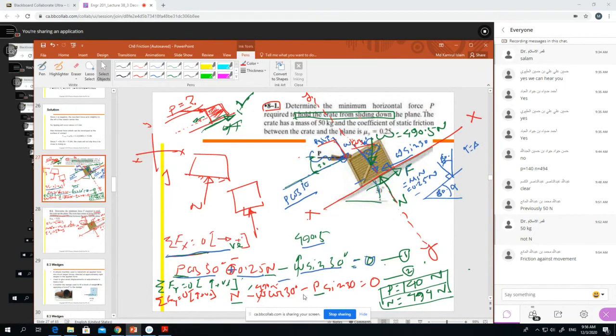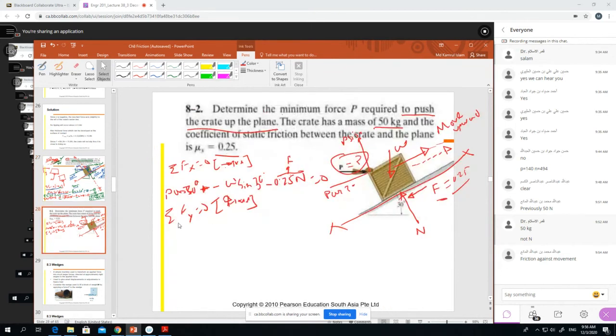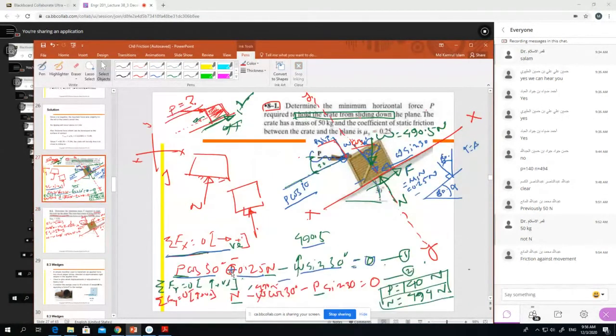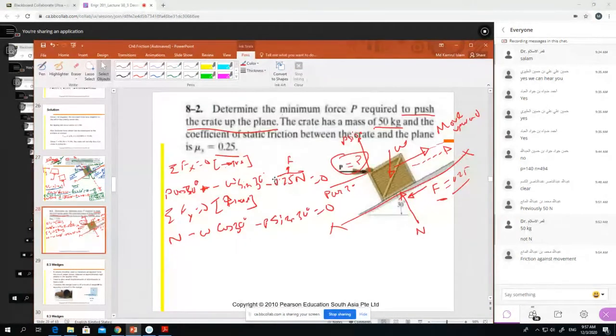In this equation, N will be upward, W cos 30 degree is downward, and P sine 30 degree is also downward, equal to 0. So the only change is that it was plus here, and it will be minus here. Everything else is the same. Now you solve the problem again.